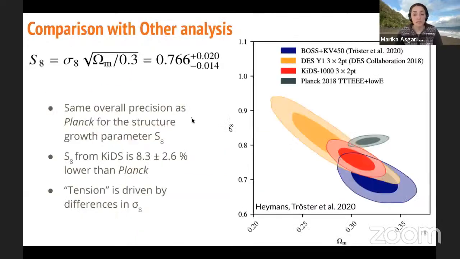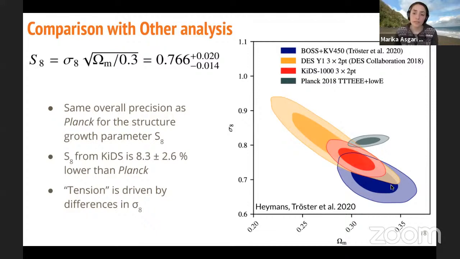So we can look at the sigma 8 omega M plane now, so we don't have the banana anymore. And the red contours still are combined probe analysis results, and the gray one is Planck results. But now we have 2 other sets of contours. These are looking at results from other analyses that used similar methods.